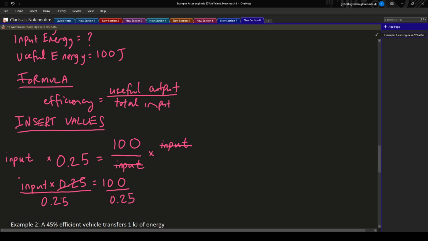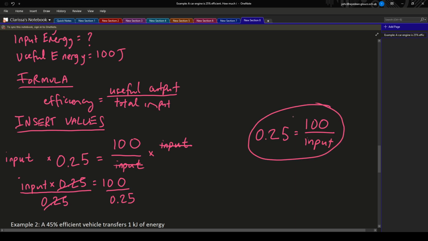That cancels out with that, and I'm left with 100 divided by 0.25. I'm going to write what we started with. This is what we had when we substituted everything in. Notice that in order to rearrange for a variable that's at the bottom, all I did was a little swapsy, swapping this number around with that number.